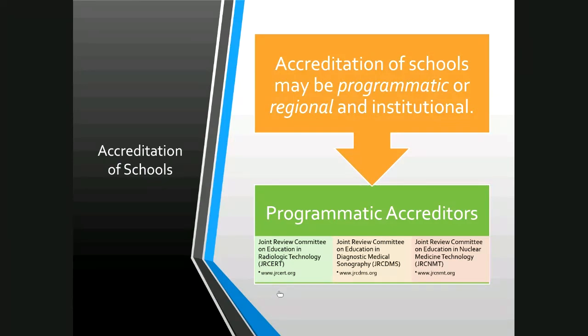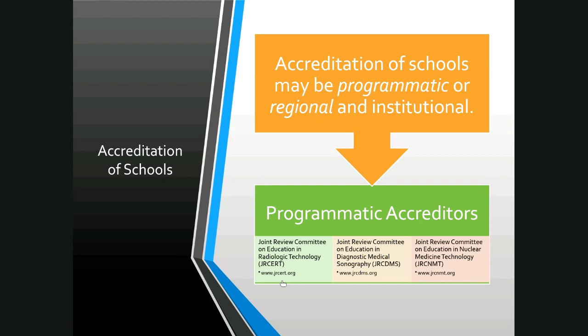You can see that there's one for sonography and also one for nuclear medicine technology, which are important, but not really to us. So the Joint Review Committee on Education in Radiologic Technology, or JRCERT, is on page 15, and they are the ones that actually came up with the standards that an educational institution has to abide by.